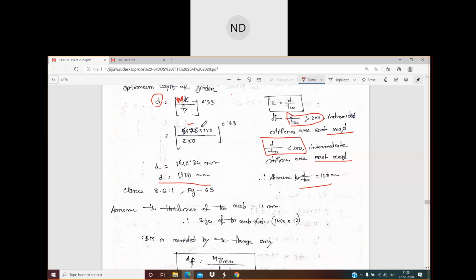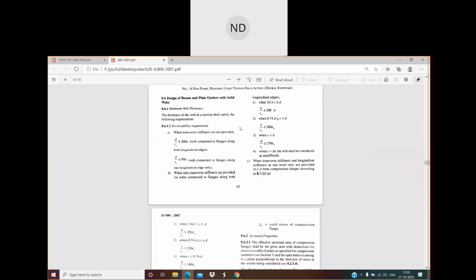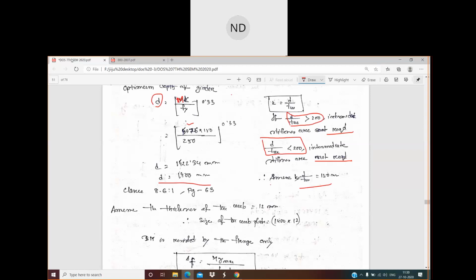Now, after that, when we know the overall depth, taking it to be 1400 mm, we will go to page number 63, clause number 8.6.1. This was about d by tw.